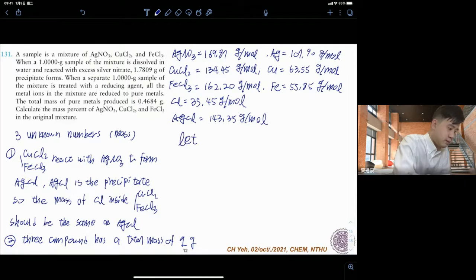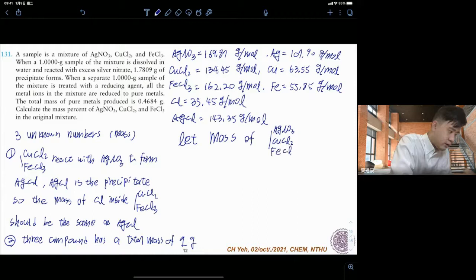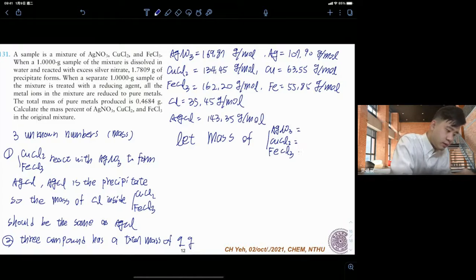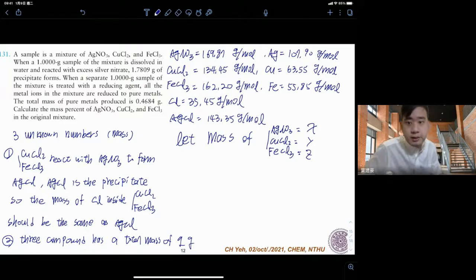Let the masses of AgNO3, CuCl2, and FeCl3 be x, y, and z respectively. In order to solve 3 different unknown numbers, we need 3 equations.